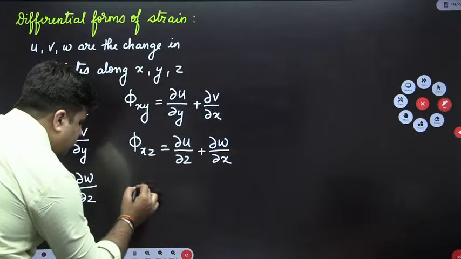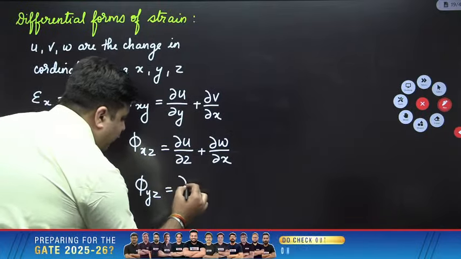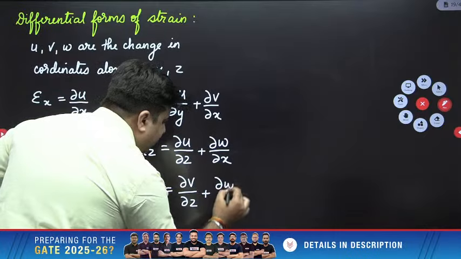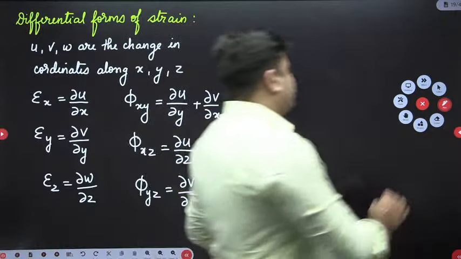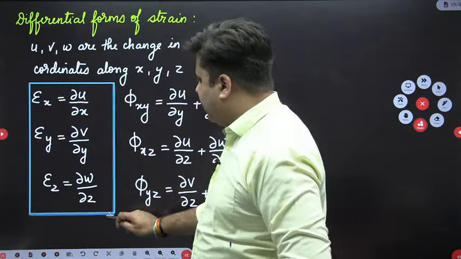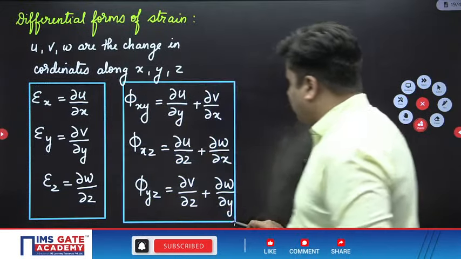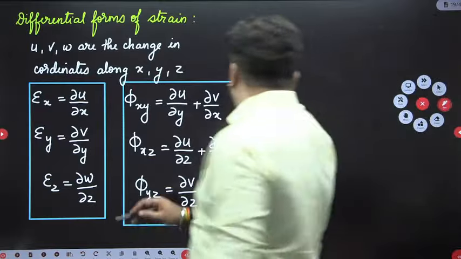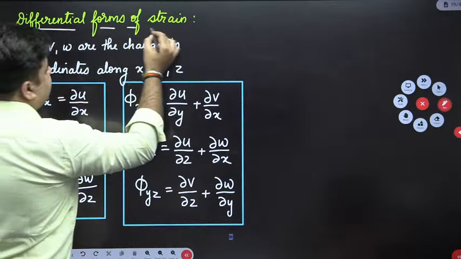Shear strain on the yz plane is equal to del v upon del z plus del w upon del y. Please remember this. This is the differential form of normal strains and shear strains, where x, y and z are your directions and u, v and w are the changes in coordinate along x, y and z direction.